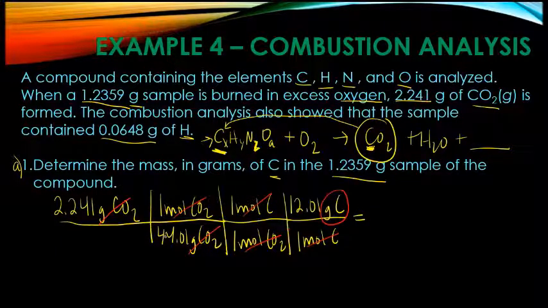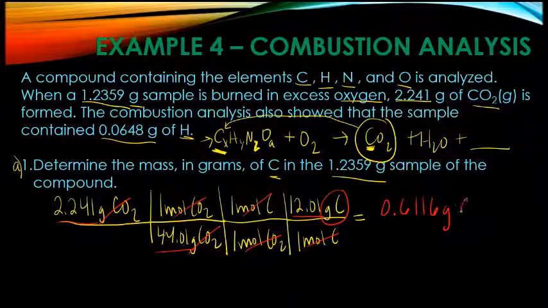And when you multiply the 2.241 times the 12.01, and divide it by the 44.01, you end up getting 0.6116 grams of carbon. Now that's because we started with 4 significant figures over here. We would want to end with 4 significant figures over here.